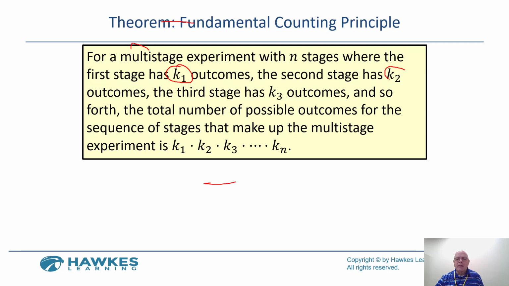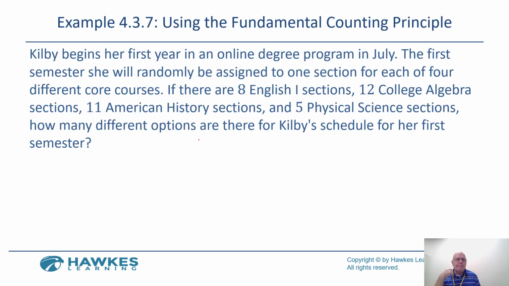The second thing can be done this number of ways. Third one can be done this number of ways, and so on. If you want to find out how many different ways those things can be done all together, just multiply all those together, and you've got the result. We've done that before.